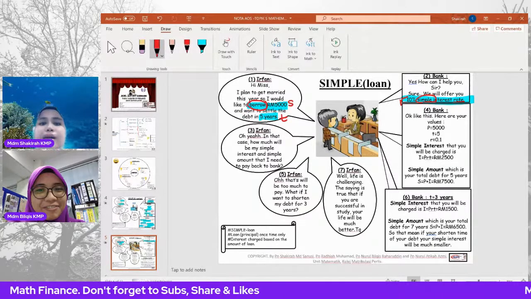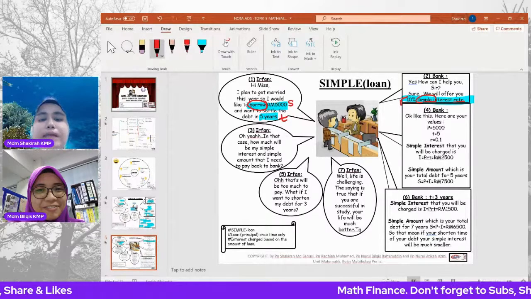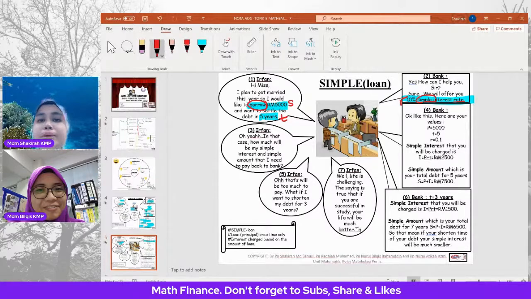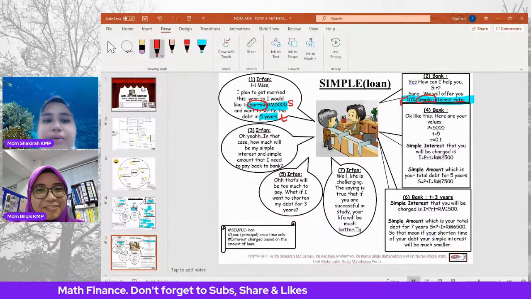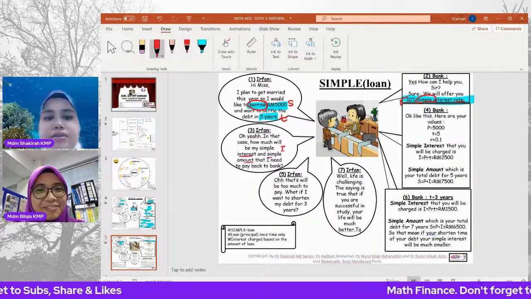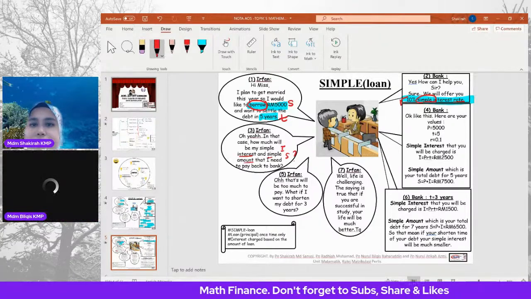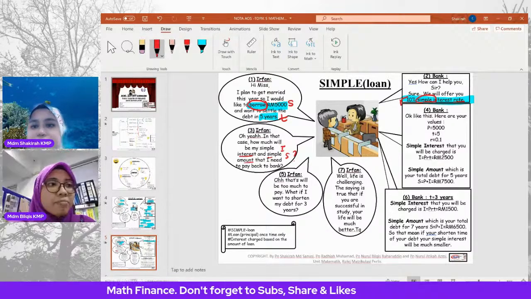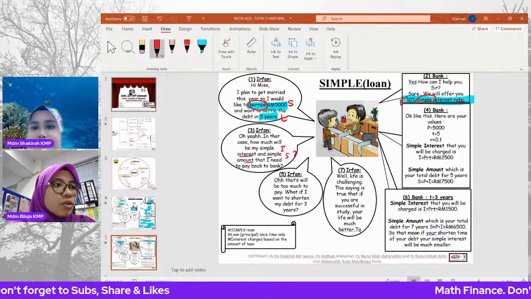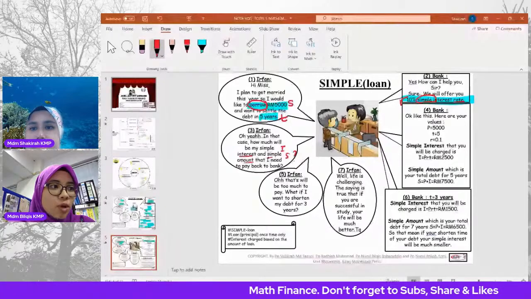Okay. Next, dialog 3. Oh yeah, in that case, how much will be my simple interest and simple amount that I need to pay back to the bank? Berapa nilai yang saya kena bayar? Interest and S. Okay, like this. Here are your values. So we have P equals to 5,000 ringgit. Okay, and then your T will be 5 years and the interest rate is 0.1.